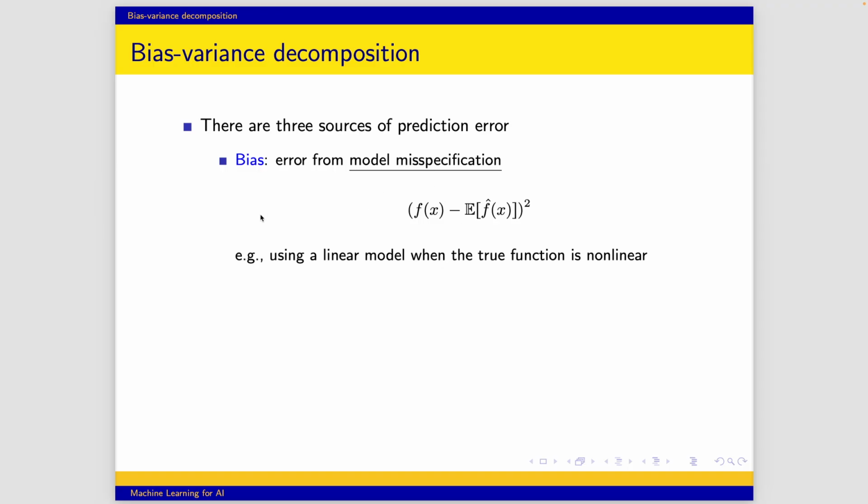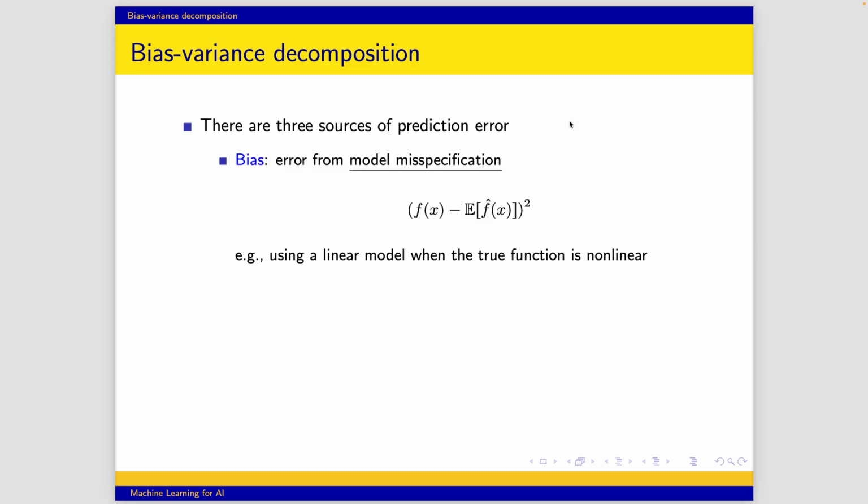So first of all, there are three sources of error, as we've just seen. So this expected square loss is a prediction error. What is the error in the prediction at some fixed x equals x?